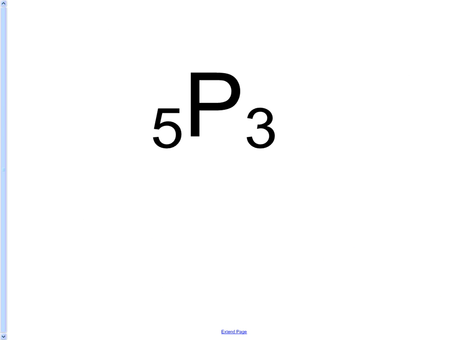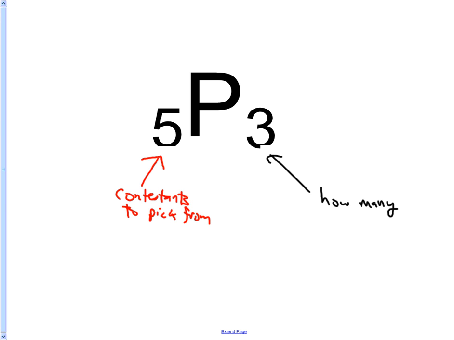I just want to kind of sum this up for you. You need to know that this is the number of contestants to pick from, and this is how many spaces or slots that you have.